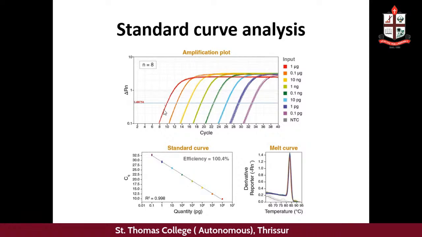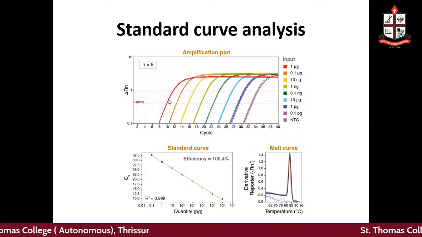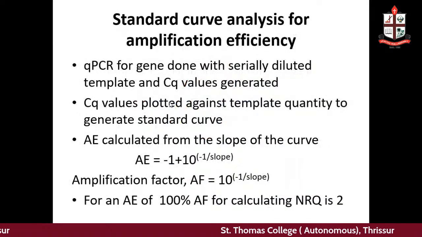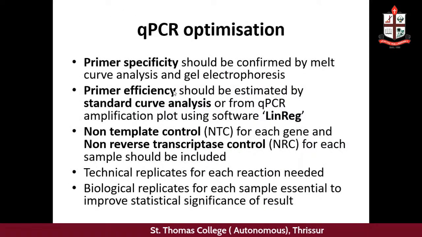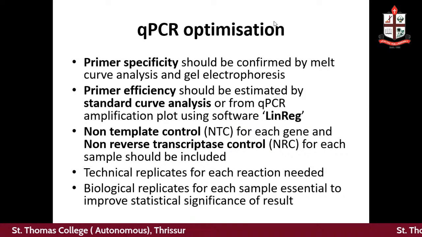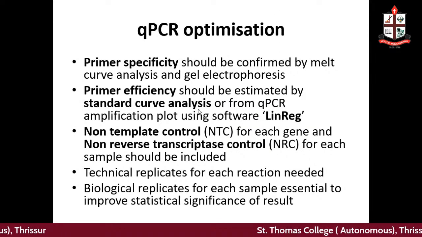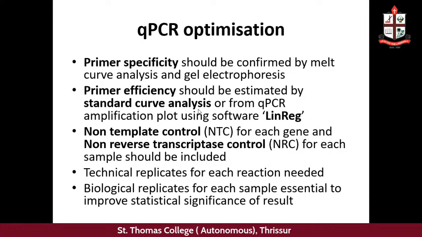That is, whether the increase is happening doubling in each PCR cycle, the PCR product or the fluorescence is doubling. So there are softwares which will analyze the amplification plot and tell you the efficiency of the PCR. So if the real-time PCR is to be done in a perfect manner, you have to actually estimate the amplification efficiency of your primer, and then using that you have to calculate the relative values.